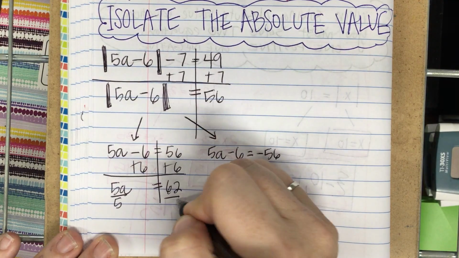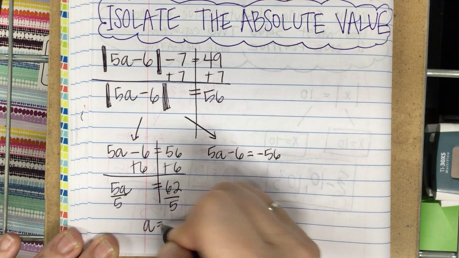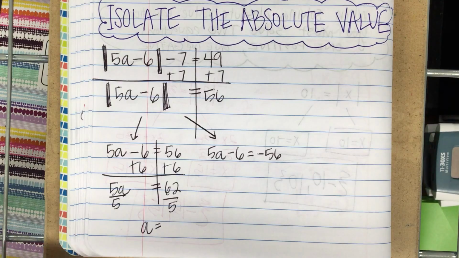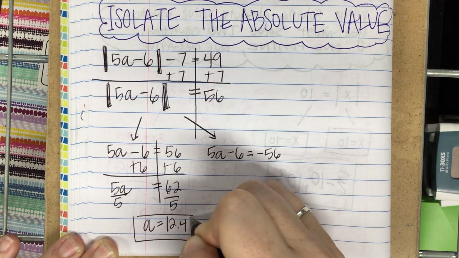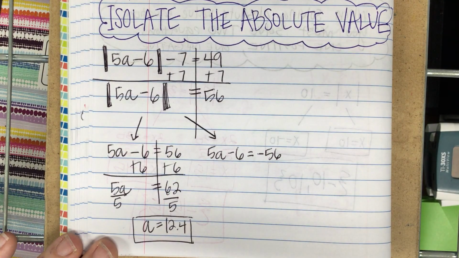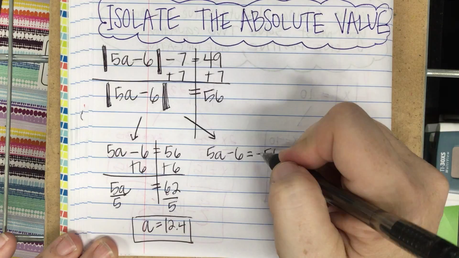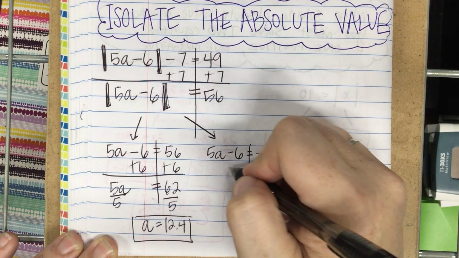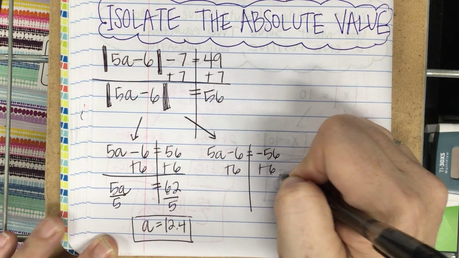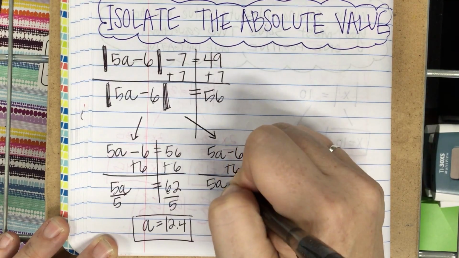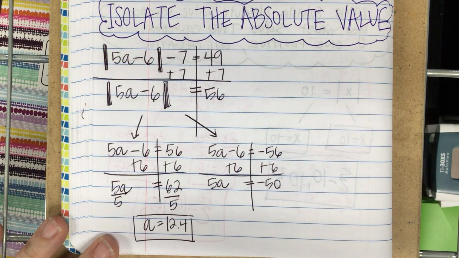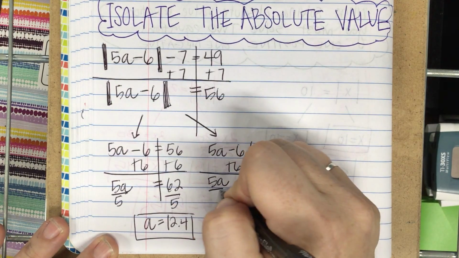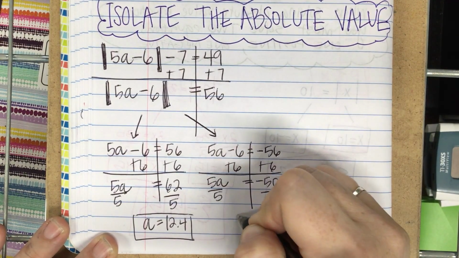Divide by 5, divide by 5. A equals, what's 62 divided by 5? 12.4. I'd add 6 over here. 5a equals negative 50. Divide by 5, divide by 5.